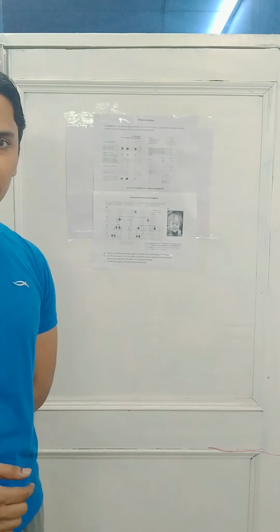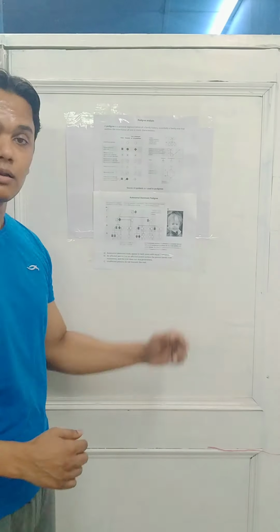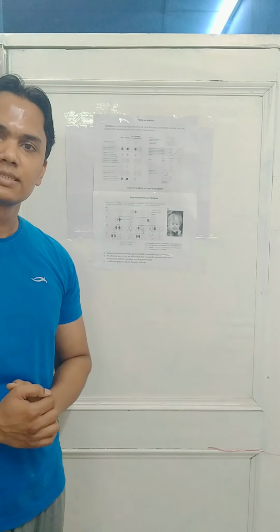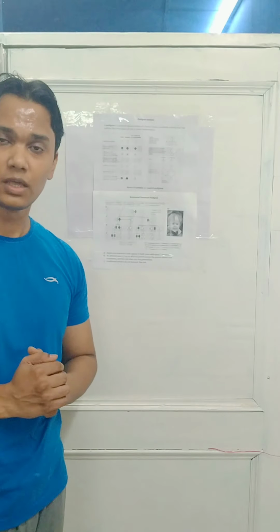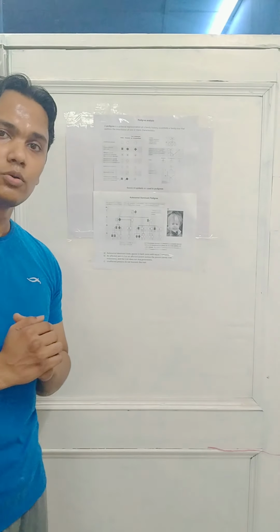In a pedigree chart, an empty square represents a normal male and an empty circle represents a normal female. Sometimes we don't know the sex of an individual. In that case, a diamond is used. Now, these are the normal individuals.